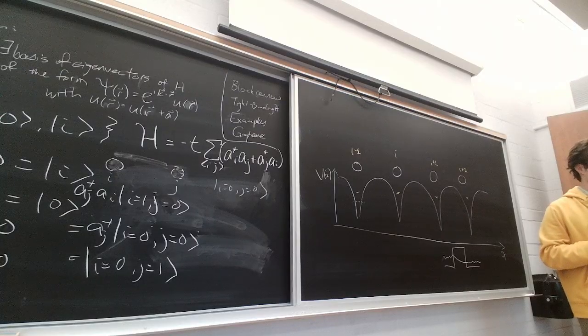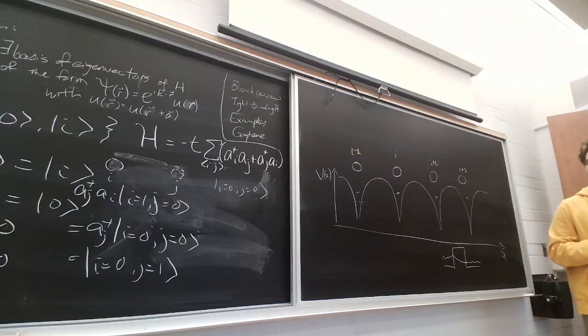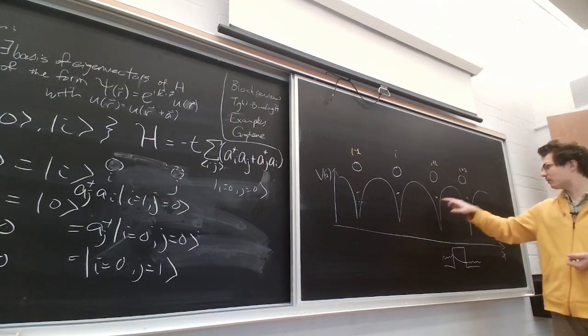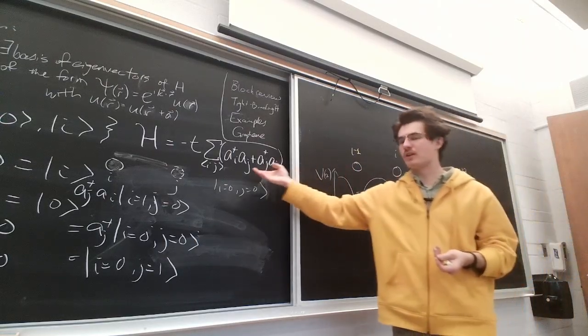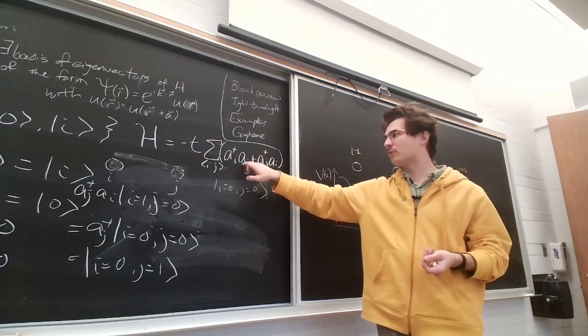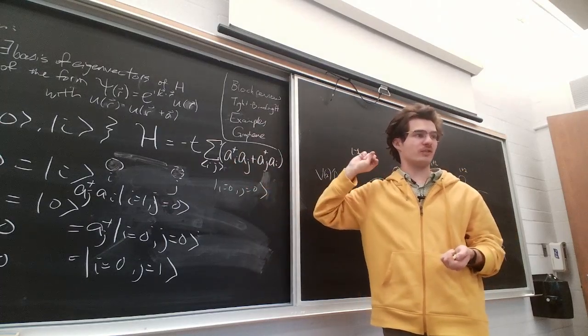I'm just wondering how we got to this Hamiltonian from those assumptions. Is there any logic that we're going to talk about, or is it just, this is the thing? Well, we said that the only process that can happen is a jump from here to here, and that costs some energy, right? Okay, and so we write down a Hamiltonian where the only thing that's allowed is a particle going from one side to another, and that costs some energy.